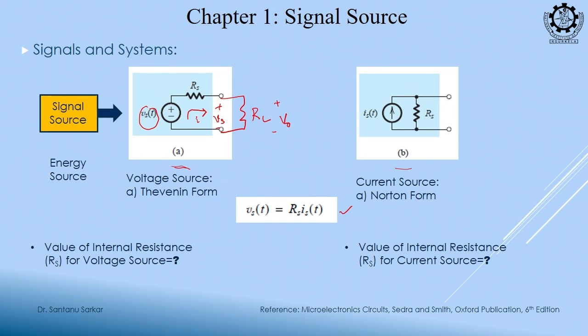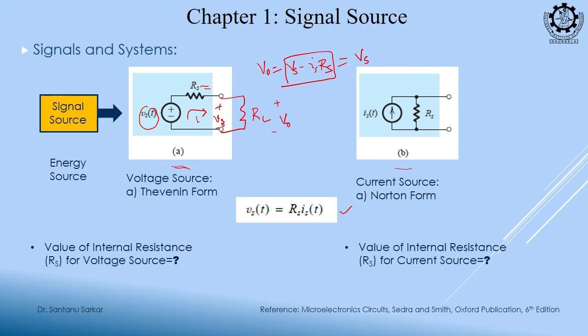So, what is this voltage V0 here? This V0 should be equal to Vs minus Is Rs, and to make this equal to Vs, what should be my condition? Is Rs is equal to 0.